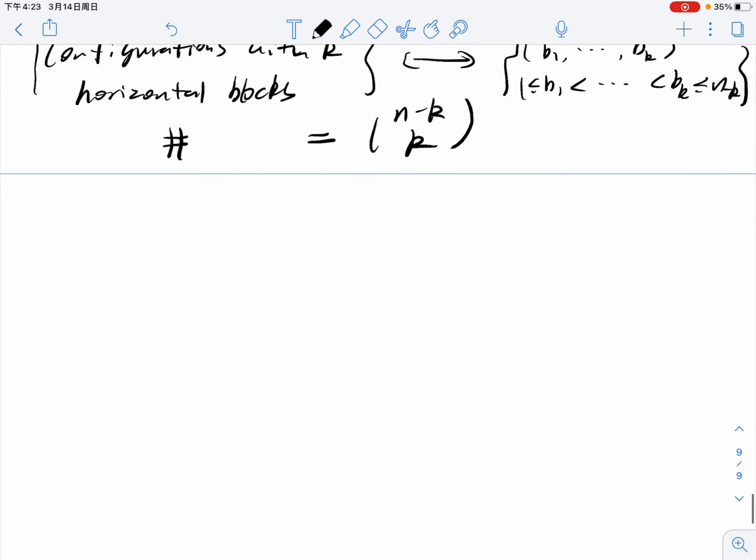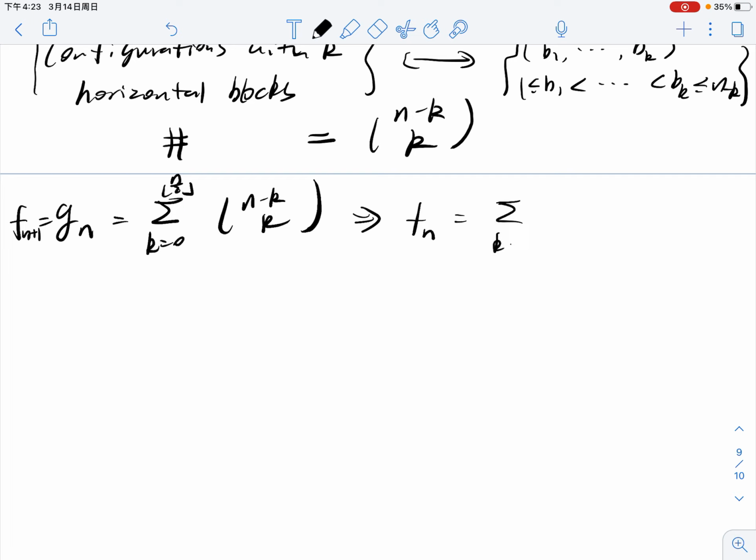Okay, therefore, Fn plus 1 equals Gn, by our previous study, and then equals the summation over k from 0 to n over 2 of n minus k choose k. And if you shift it by 1, you can derive that Fn is the summation for k from 0 to n minus 1 over 2 of n minus 1 minus k choose k.